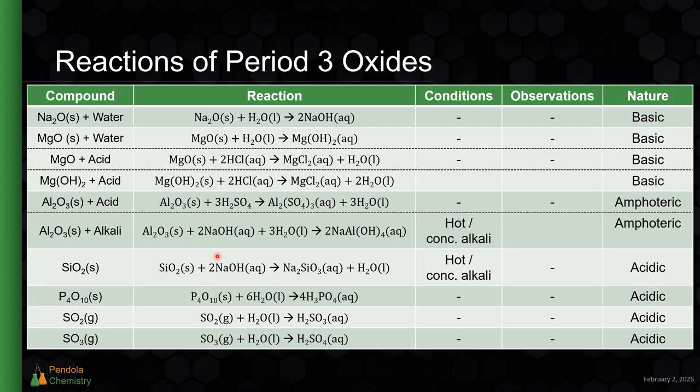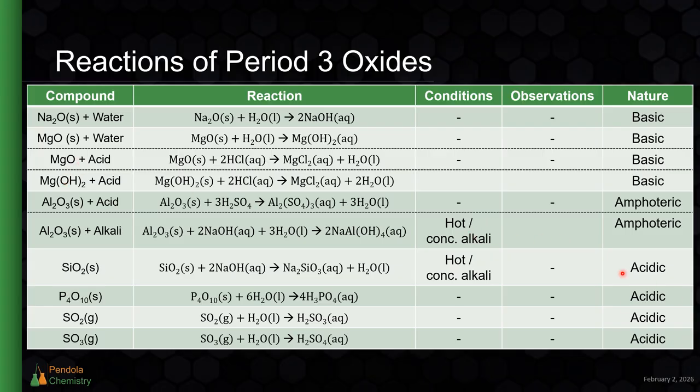So realistically speaking, those are the two choices, right? And a basic nature compound can be basic because it reacts with water to create an alkali, like magnesium hydroxide or sodium hydroxide. Or it can be basic because it reacts with an acid, just like the magnesium oxide, magnesium hydroxide.